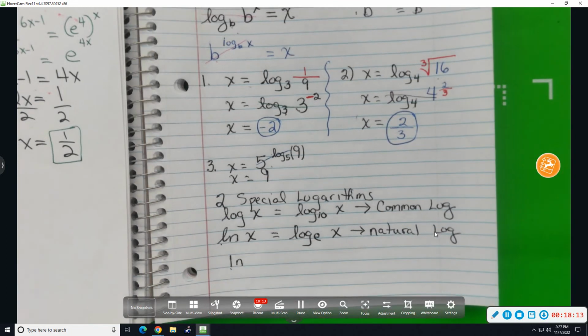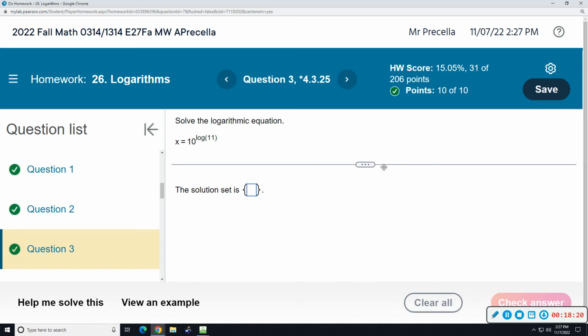So going back to problem 4. No, that's not problem 4. It's another number 3. I'll just do it right here. I was hoping that they would eventually get to one of these.